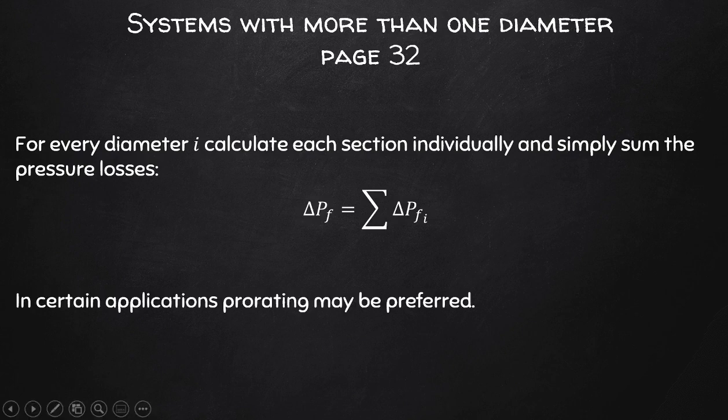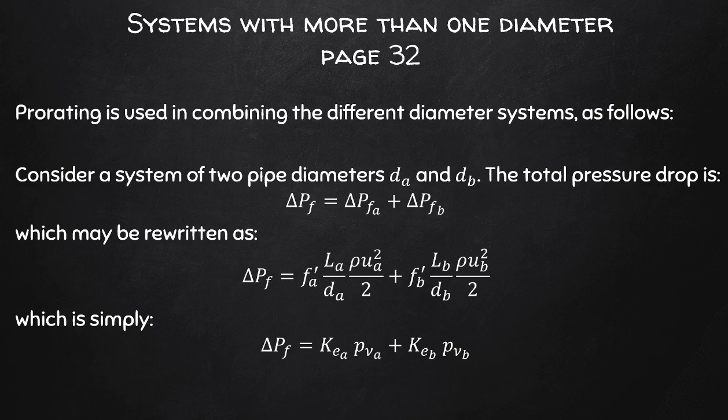So in some cases, it might be preferable instead to prorate. Now, prorating is used to combine the different diameters as follows. So consider two pipelines of diameter dA and diameter dB. The total pressure drop across the pipes is the sum of the individual pressure drops across each section.